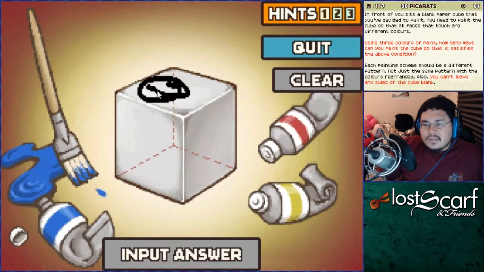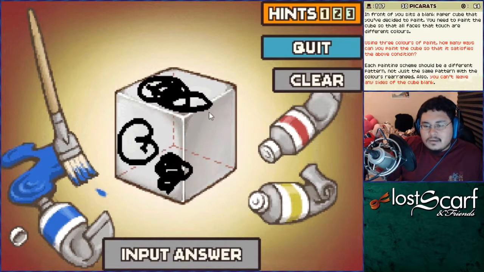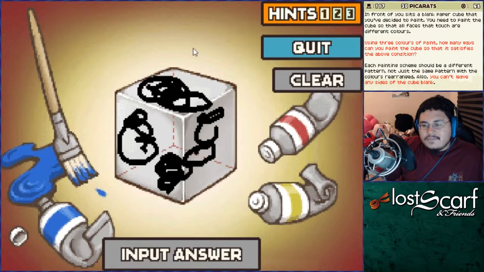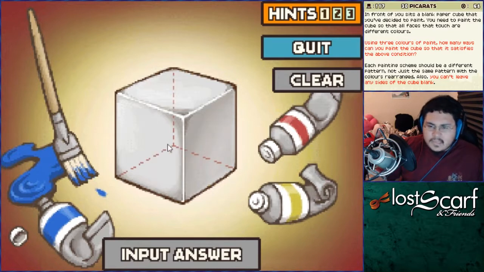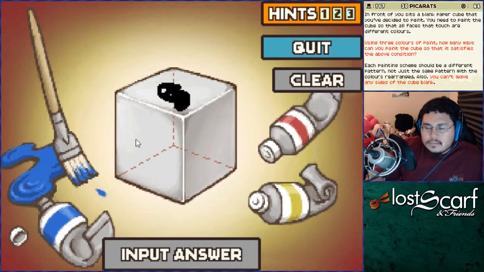Alright, so we can have blue on here and blue on the bottom. Yellow here, yellow there, red here, red there. That's the first one. That's the easy one. We could also have... Isn't that the only answer? Let me see here. Blue here. Yellow here.